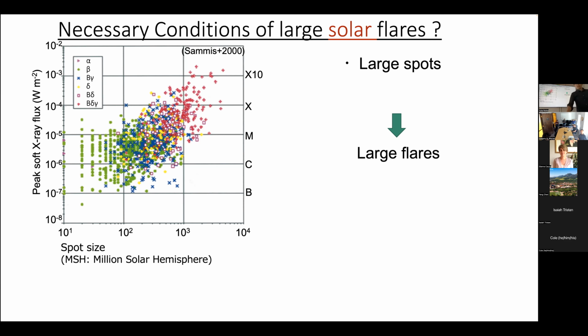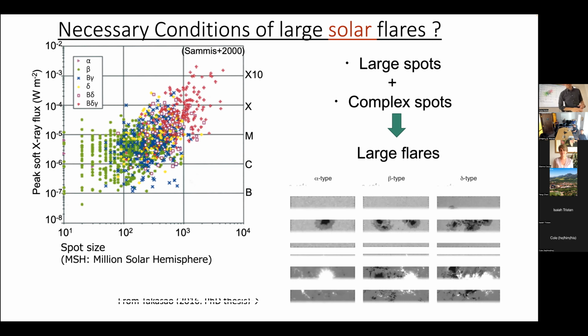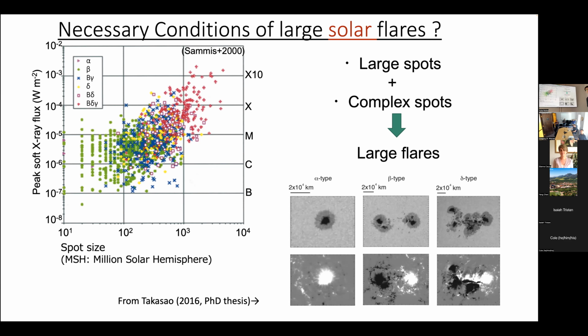And there is also a color change for some types, corresponding to the complexity of sunspots: alpha type, beta type, delta type. Delta type is the most complex. A complex magnetic polarity makes it easy to trigger magnetic reconnection and to drive coronal mass ejections also.